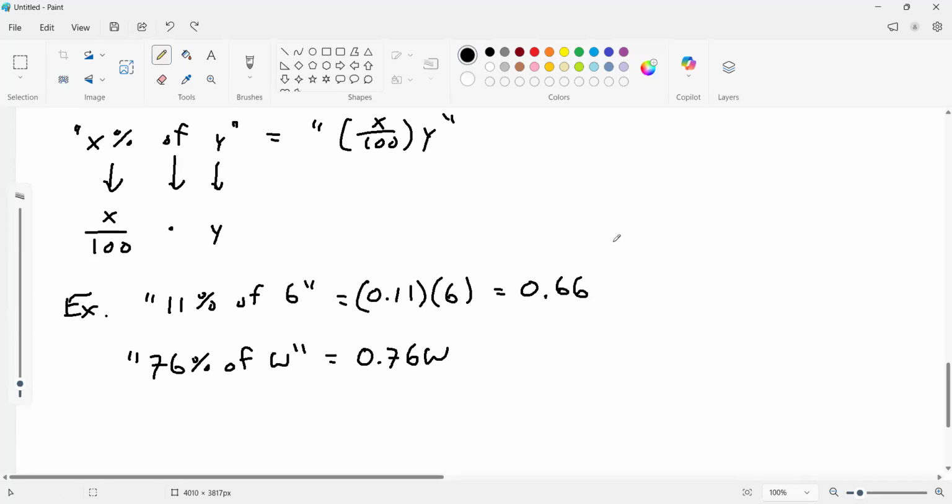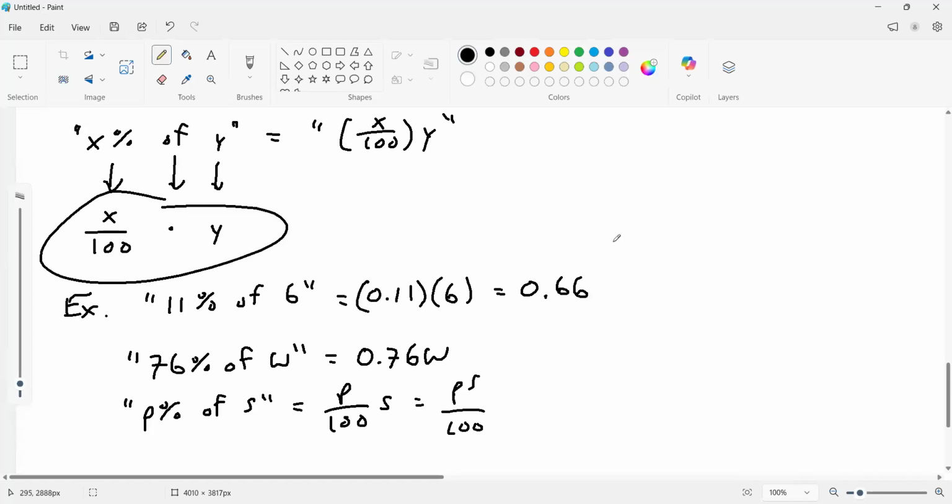The variable might be the percentage itself, right? So you might actually get something kind of like, maybe we don't know the percentage, some P% of the cost of my sandwich S. Well, that's P over 100 times the cost of my sandwich S. So we get PS over 100 would be whatever that value is. So the key is don't get stuck thinking it has to look only one way.